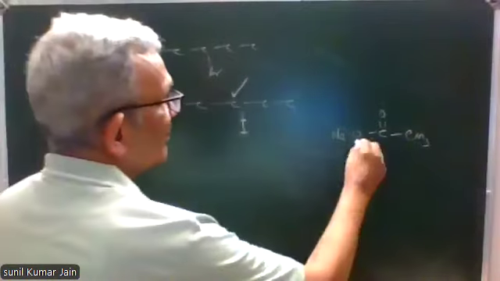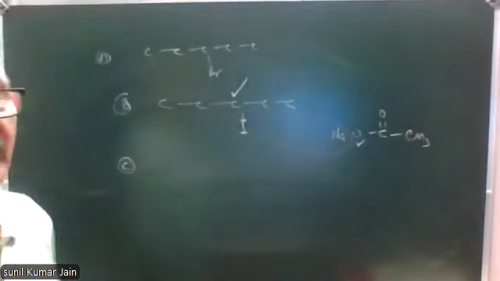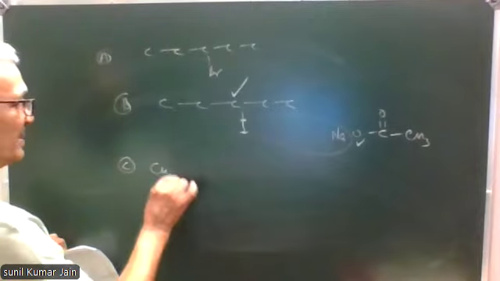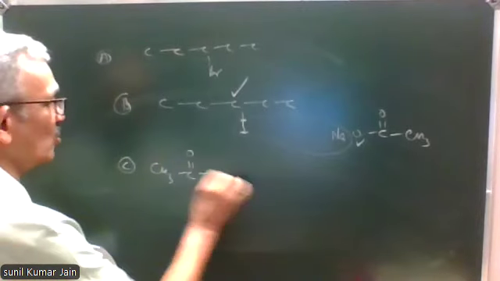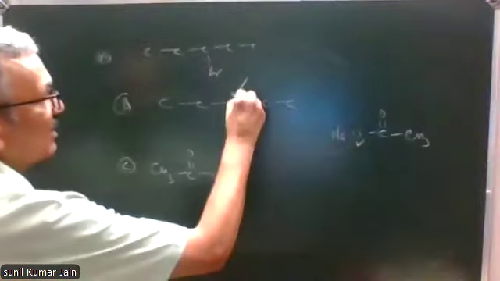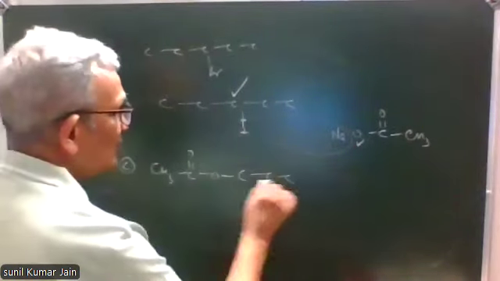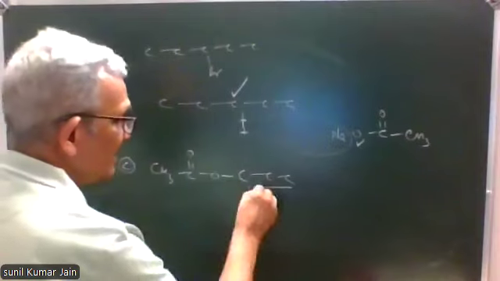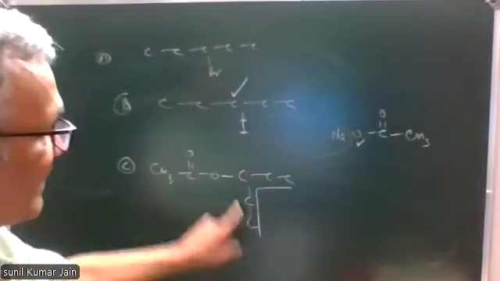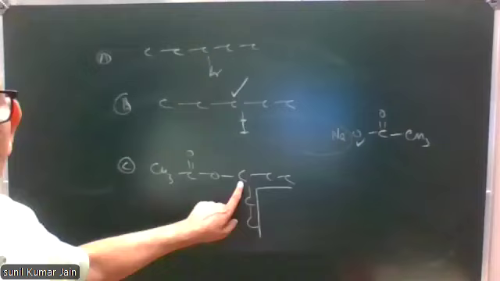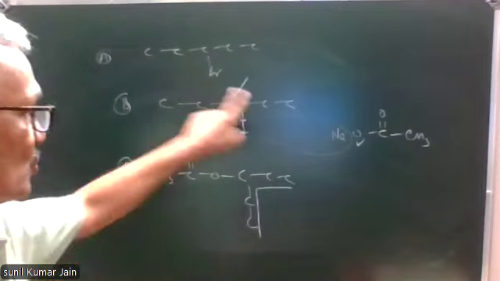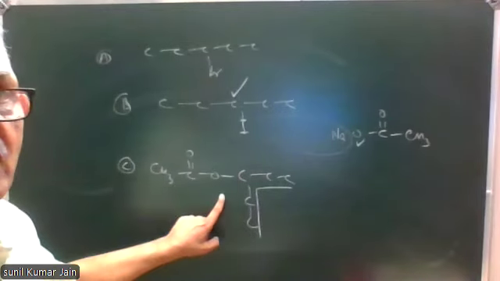This carbon will form a bond with this oxygen atom. It means the product will be CH3COO, this part. Now this carbon will form a bond here. You can see, this is a straight chain of 5 carbon atoms. Bond is formed through third carbon atom. So this is the structure of the ester formed.